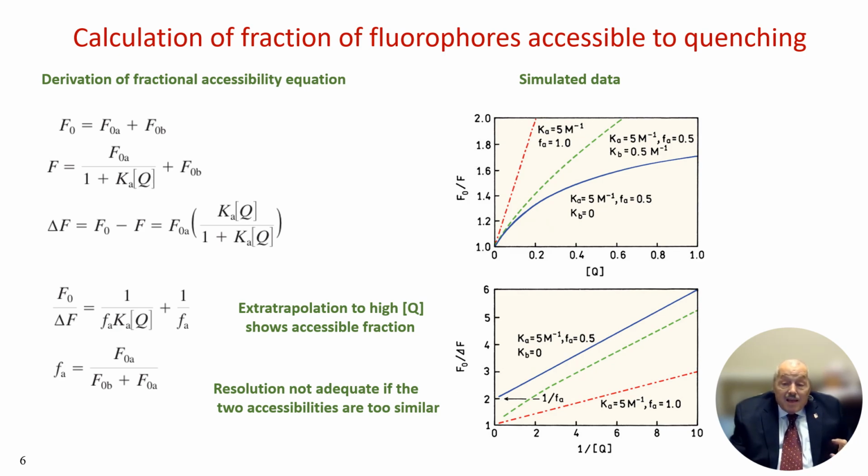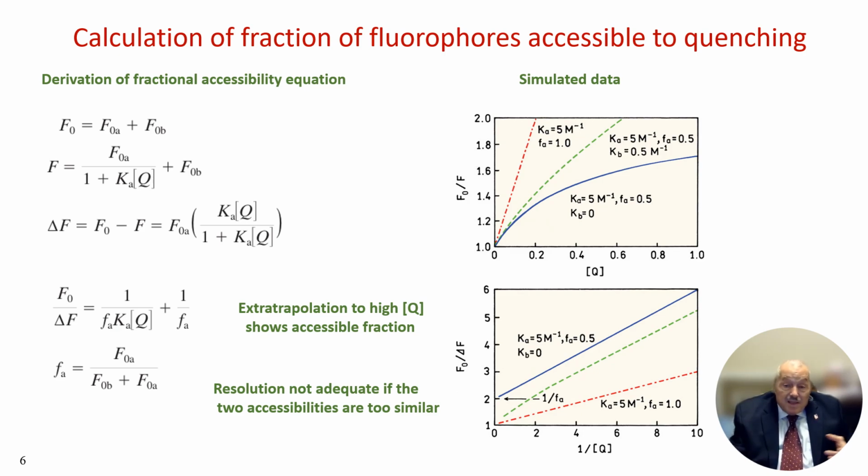And we plot that versus, not the quencher concentration, but the inverse of the quencher concentration. And that changes these complex looking Stern-Volmer plots, because there are multiple accessibilities to multiple residues, into linear plots.